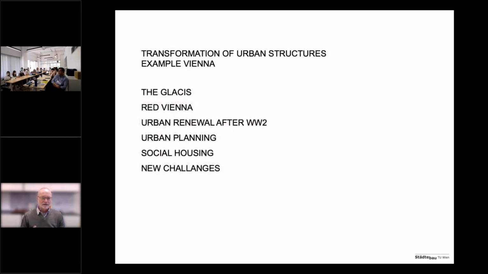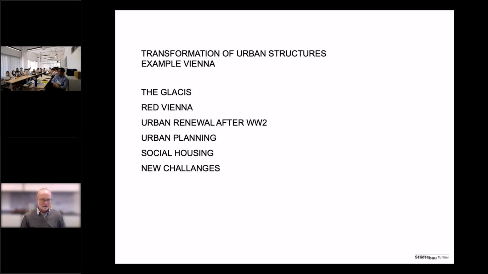But to continue with the transformation process and to give an idea about how Vienna changed during the centuries, I will point out a couple of very important, let's say, phases. The glacis, this fortification field around the walls of the medieval city, this is now what I spoke about, this imperial Ringstraße with its important public buildings.